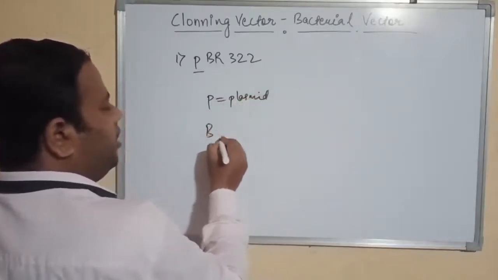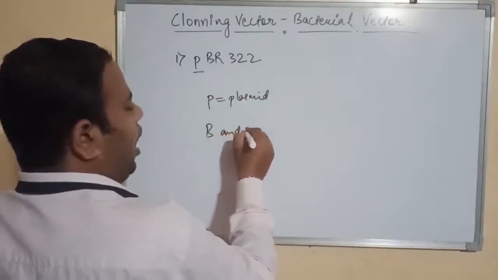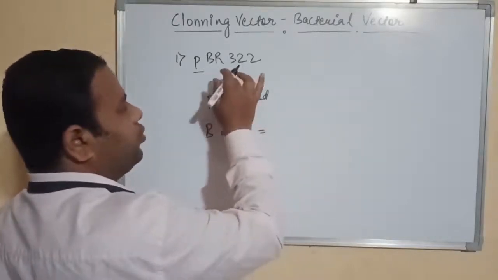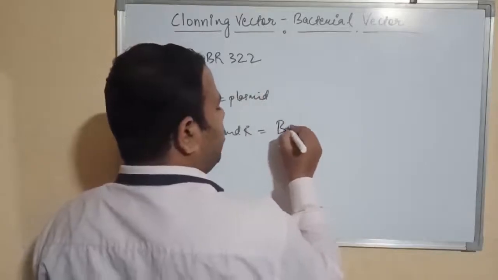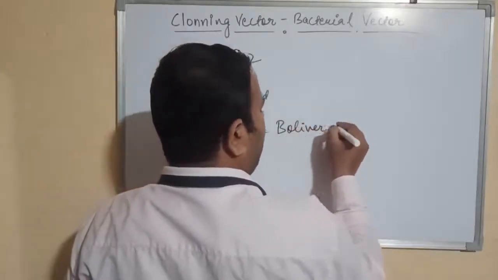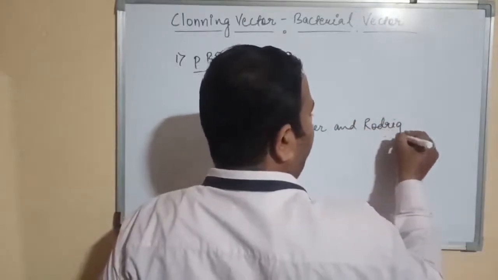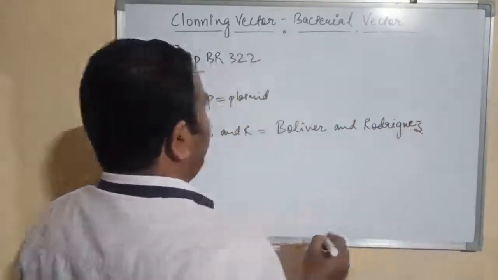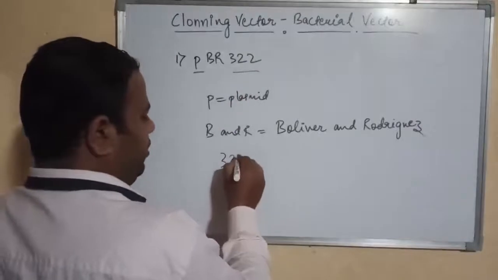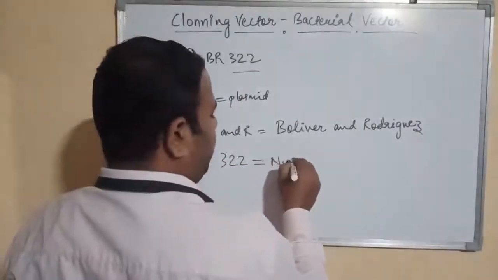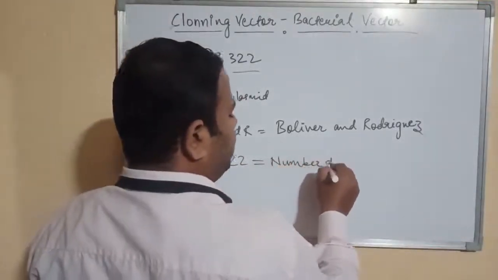Here B and R stand for the two scientists who discovered this, that is Bolivar and Rodriguez, and the 322 is the number of the plasmid in the family.